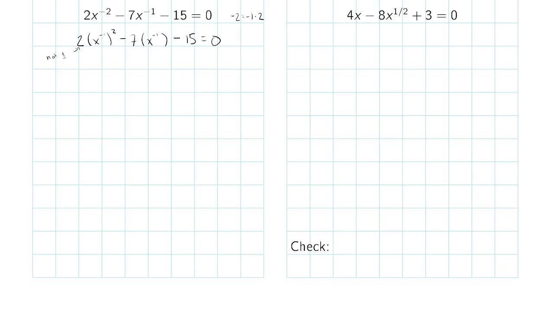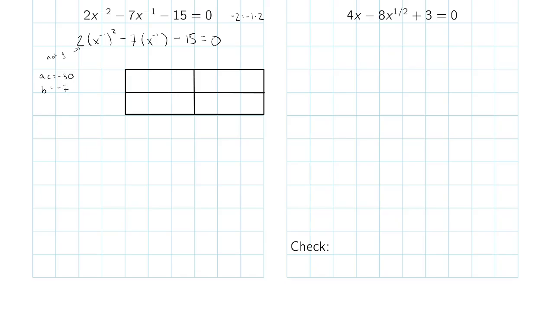So again, we can factor this as if it were a quadratic, where our variable is just called x to the -1. Here, my leading coefficient is not 1, so I need to use the full AC method. I'll set up a rectangle with 2 rows and 2 columns. AC is -30, right? 2 times -15. B is -7. And I think the two numbers we want are -10 and +3.